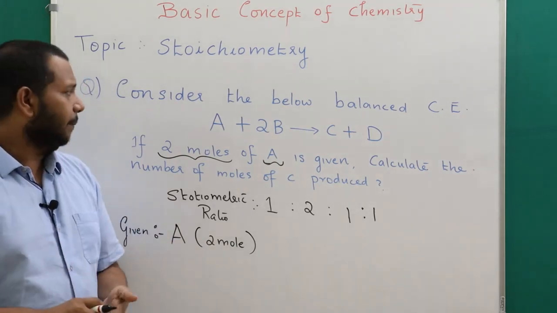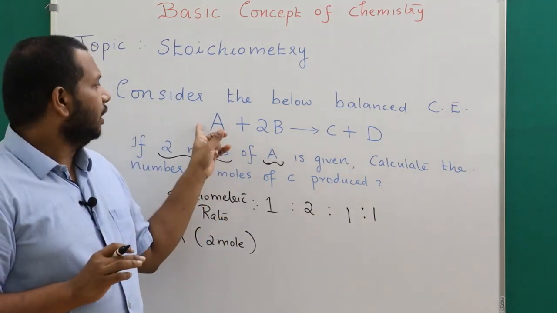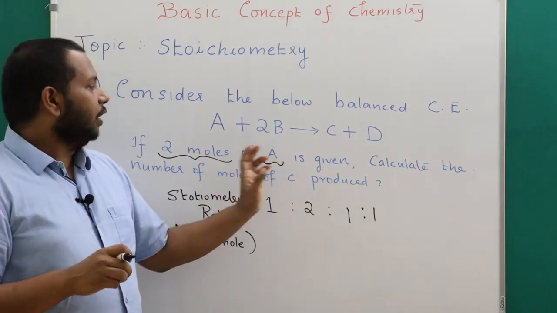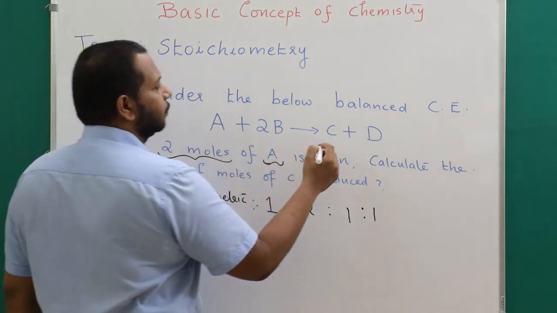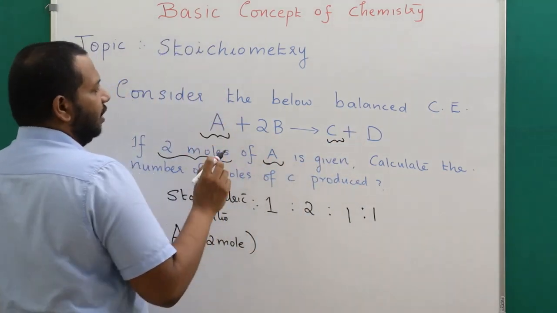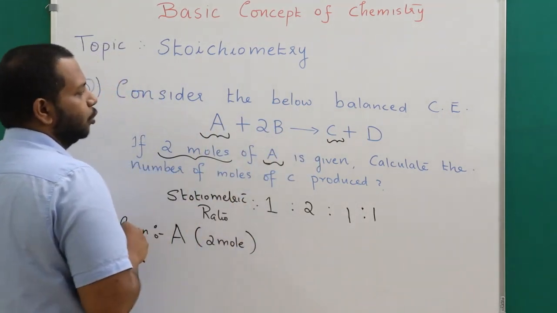Now I know that B is present in excess, so I don't want to consider that. Next you need to think about what you need to find out. Only C you need to find out. Now we will speak only with respect to C and the given substance. The given substance is A. Now with respect to A and C, how can you write the stoichiometric equation?